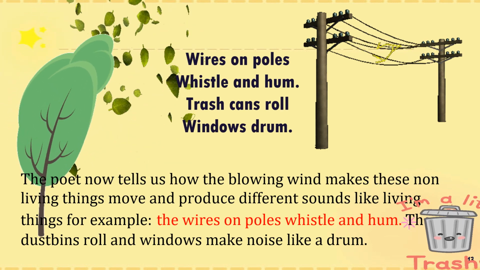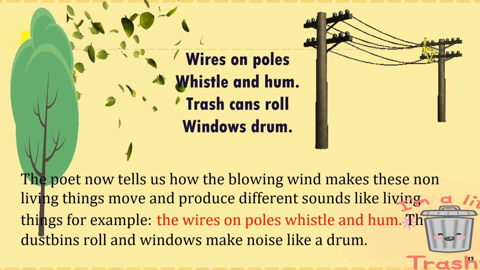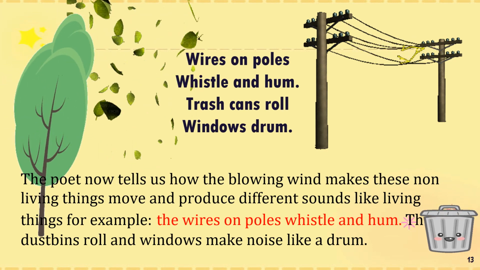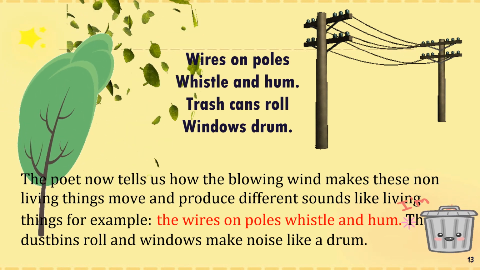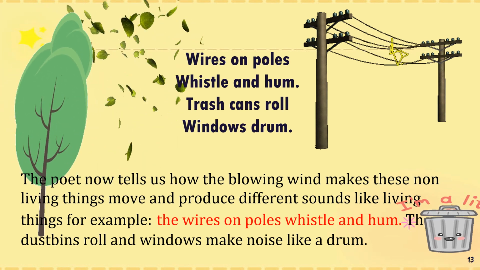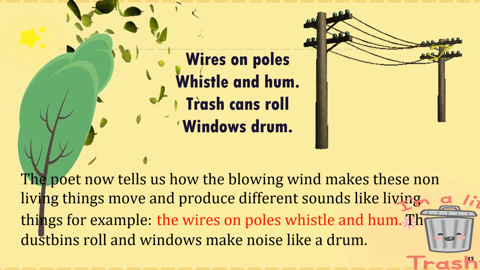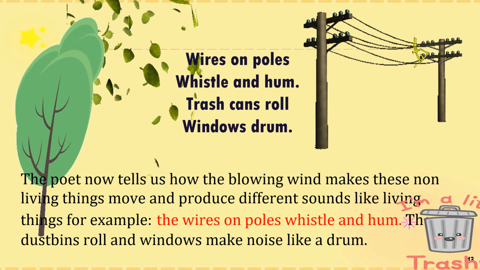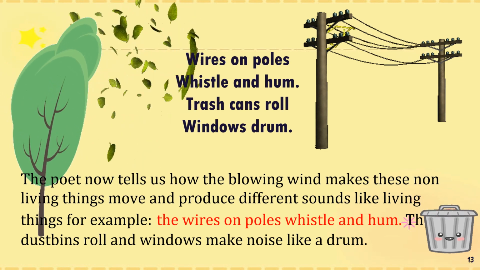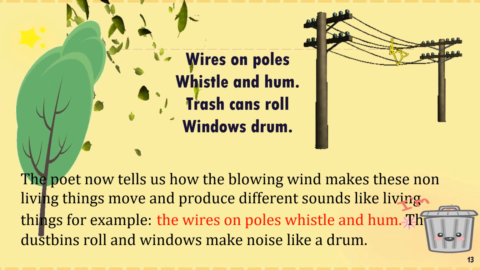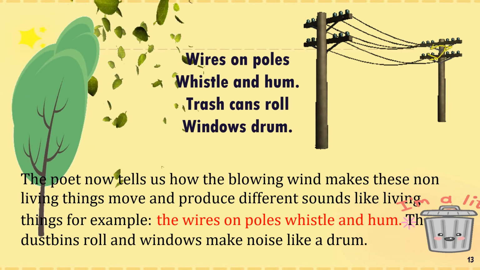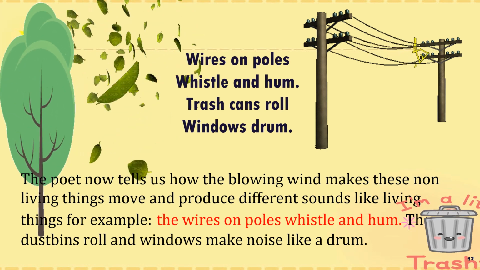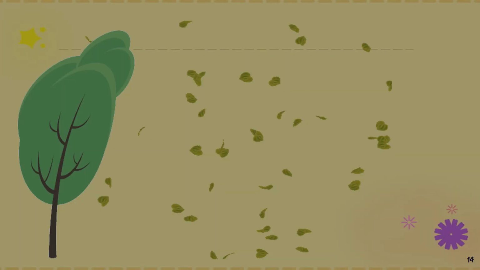Children, I have already told you the meaning of whistle, which is blowing air through the lips, and hum is gungunana. So the wire, which is a non-living thing, behaves like living things due to the wind and it begins to whistle and hum. The dustbins roll in the wind and windows make noise.